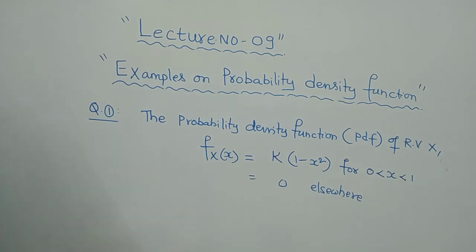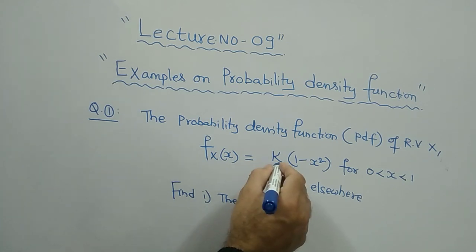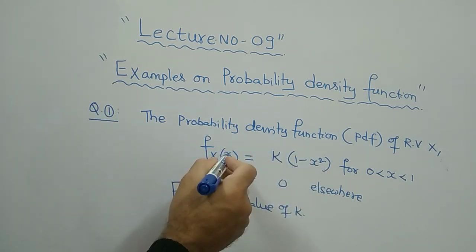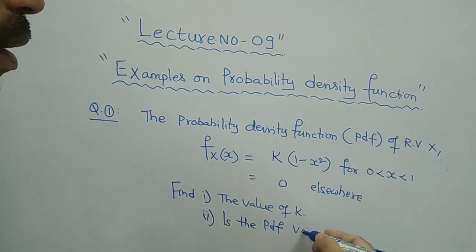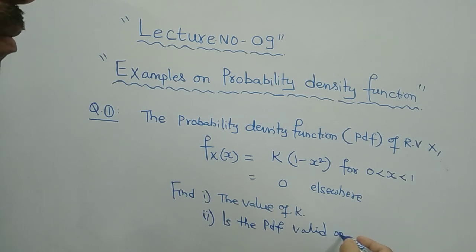Then the question is: find the value of k. The constant k is there in the density function, and we have to find out its value. The second part is: is the PDF valid or not?